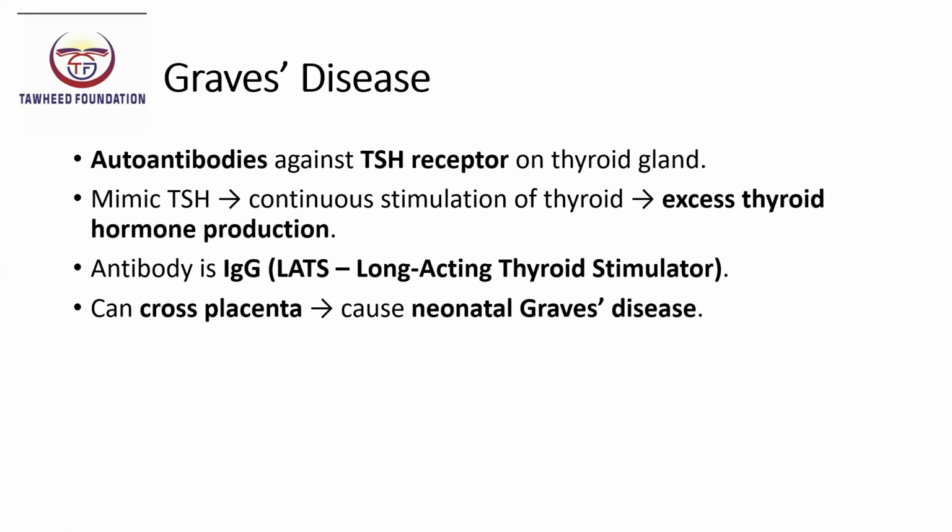Since the antibodies are IgG, they can cross the placenta and potentially cause neonatal Graves' disease. This example demonstrates how type 2 hypersensitivity can result in both stimulation and damage to target tissue.